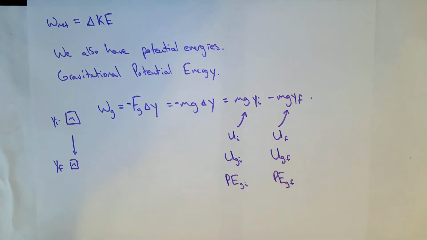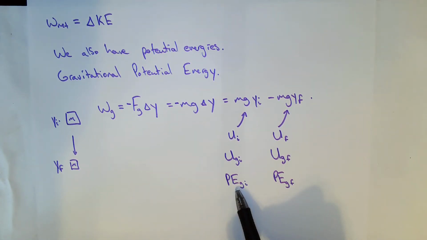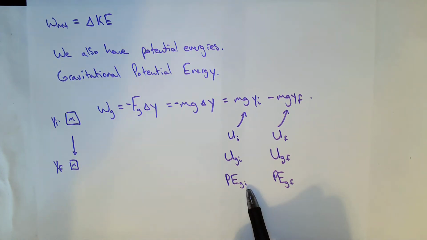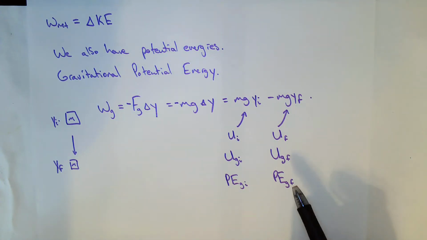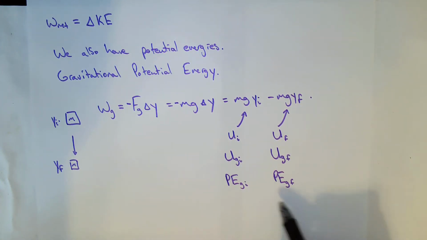Also, just a different way of writing it is to use PE, which to me makes more sense for potential energy. PE G for gravitational potential energy, and obviously the I and F mean initial and final everywhere. This makes more sense.